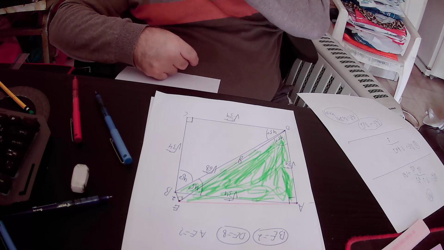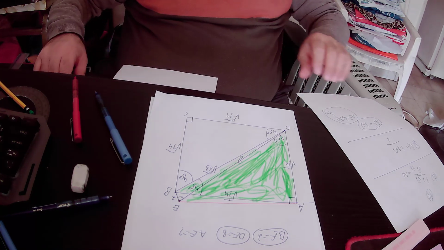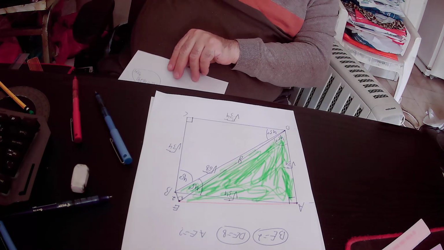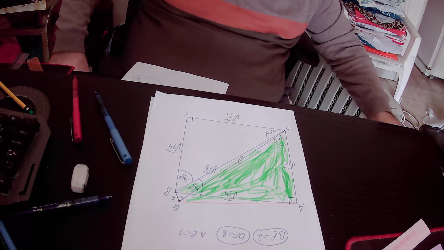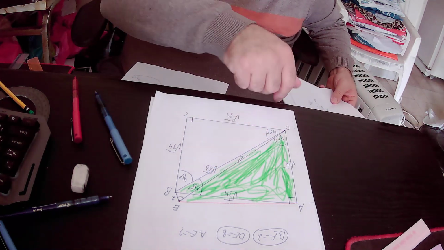Okay, and that is the answer to the question. In the next step, I will summarize the lecture. Actually, we wanted to find out the size of line segment AE.